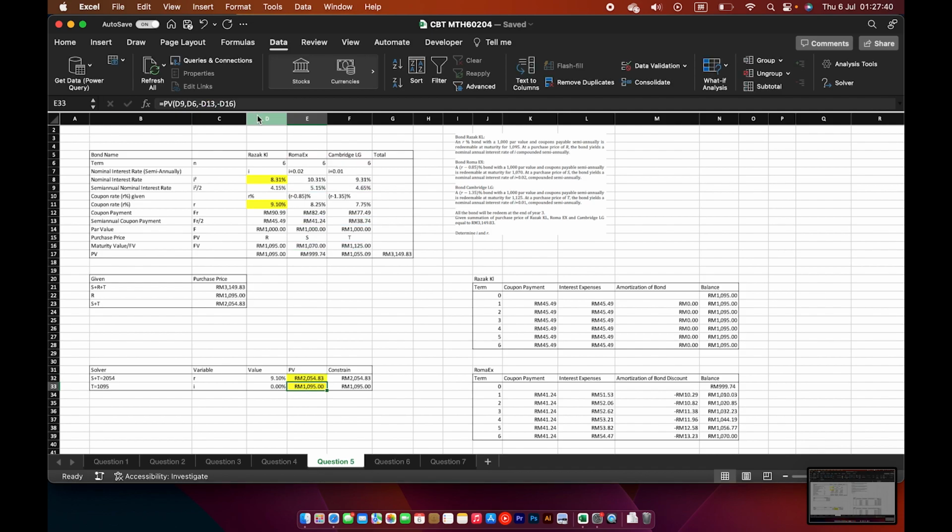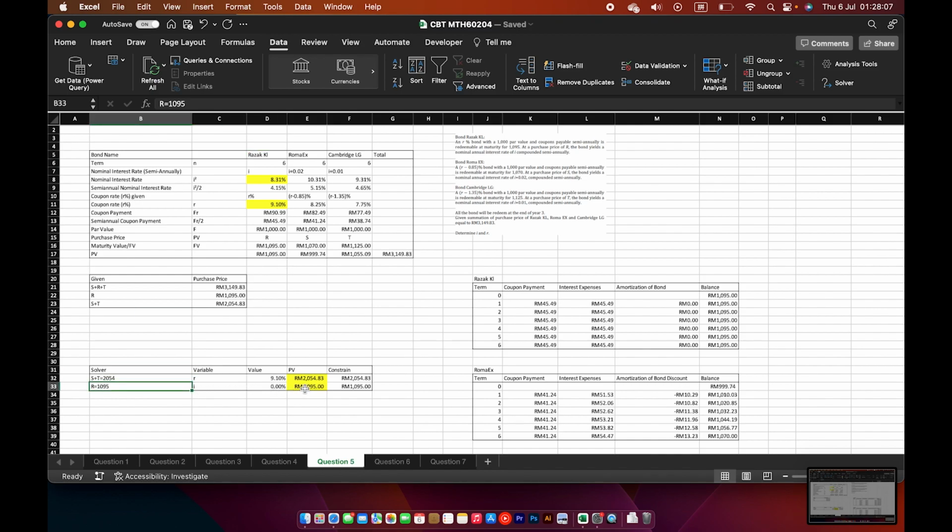And for the next equation, it's R. Oh, sorry, I made a mistake here. For R, it's the present value, which is the purchase price of Razak KL.